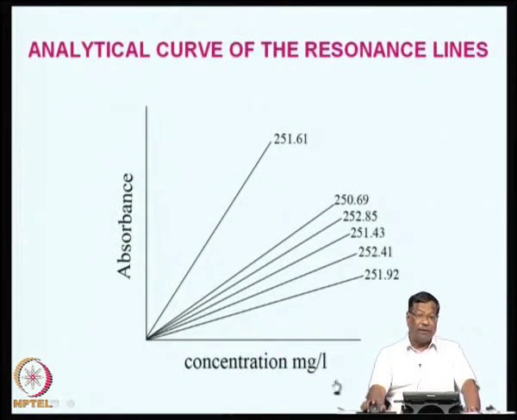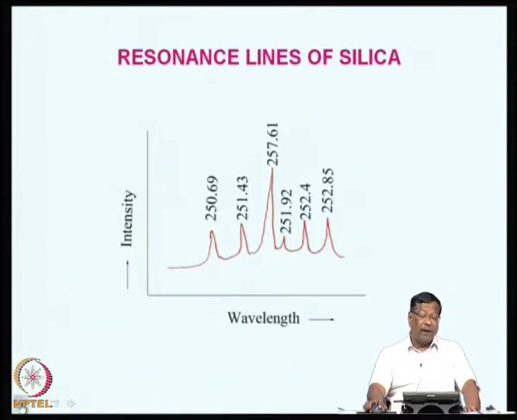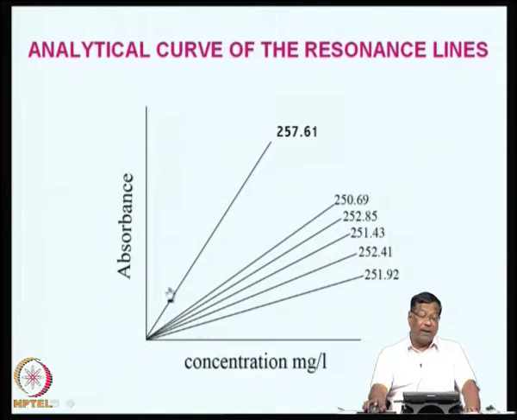This is concentration in milligrams per liter and this is absorbance. So, you can see that if I use 251.61, that is corresponding to the highest sensitivity, this resonance line, if I draw a calibration curve, you see that absorbance is a straight line corresponding to concentration in milligrams per liter.